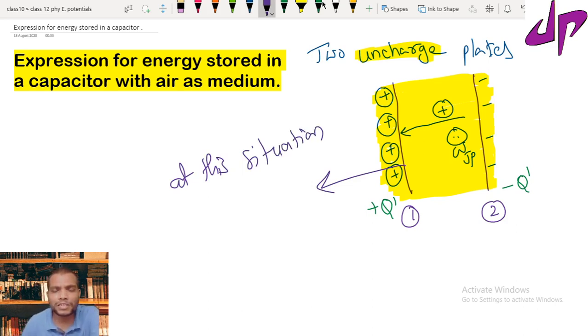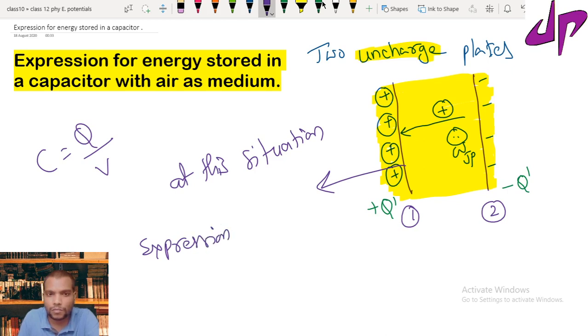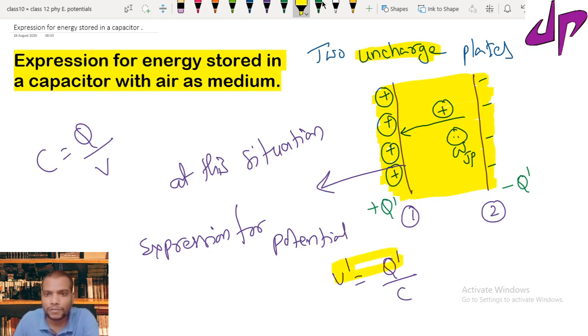At this situation, if I write the expression for potential: capacitance C is equal to Q upon V. Since it has charge Q dash, I can write the potential V dash equal to Q dash upon C, where C is the capacitance.